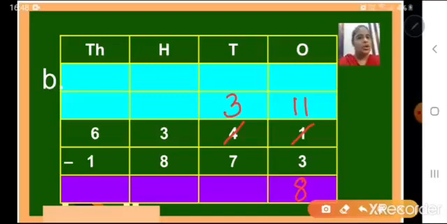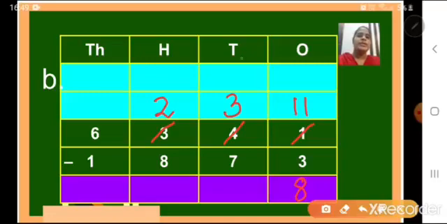Again, which is not possible. 3 is smaller than 7. So we have to borrow from hundreds place. In hundreds place we have 3. 3 hundreds will give 100. Only 1. Okay. So 3 minus 1 is 2. I will write here number 2.